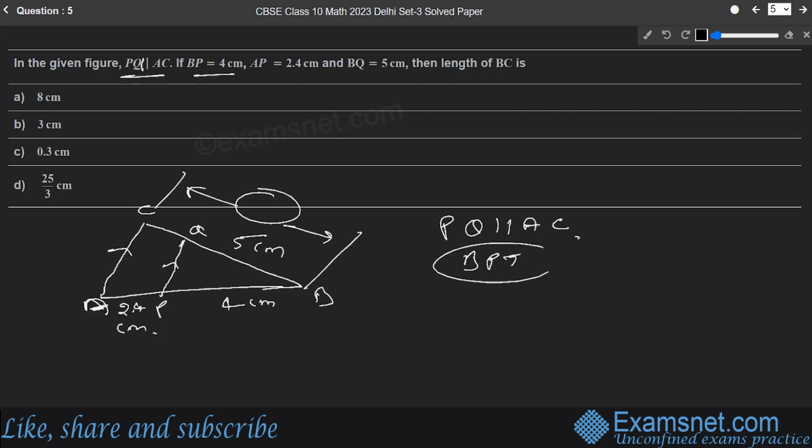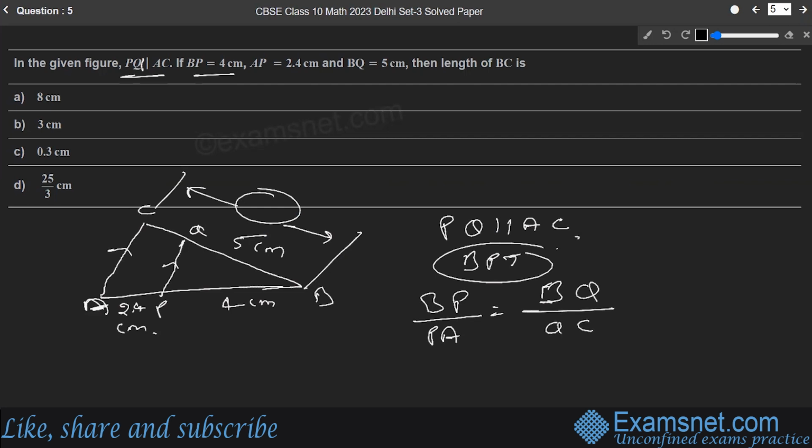It indicates that if a line is drawn joining two sides of a triangle parallel to the third side, then it divides the two sides proportionally, giving similar triangles. So if PQ is parallel to AC, then BP over PA is equal to BQ over QC.